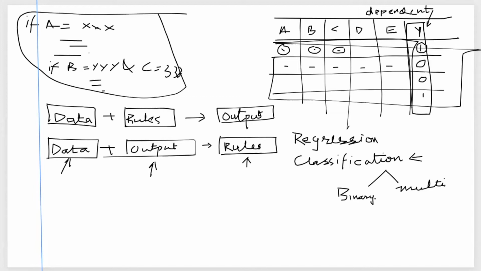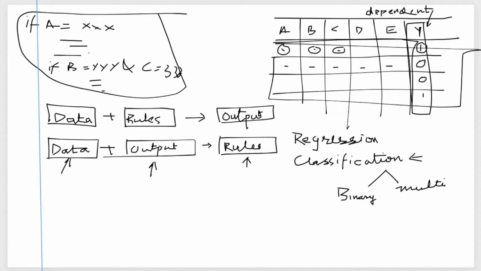One thing you notice is that in a classification problem, the dependent variable is a categorical variable. Categorical means these are discrete values, 0 or 1, or 1, 2, 3, 4, 5.